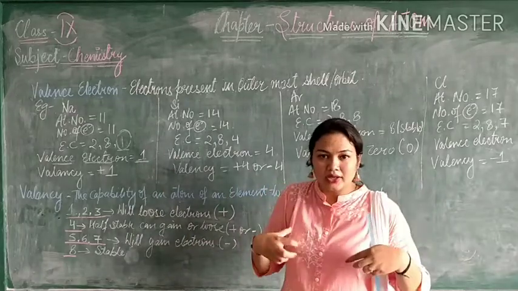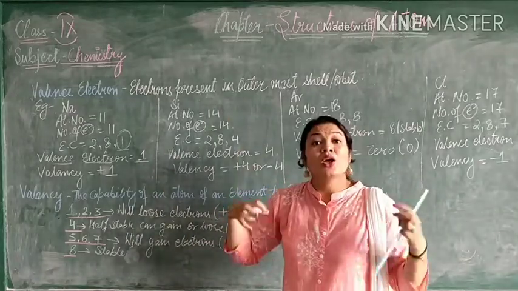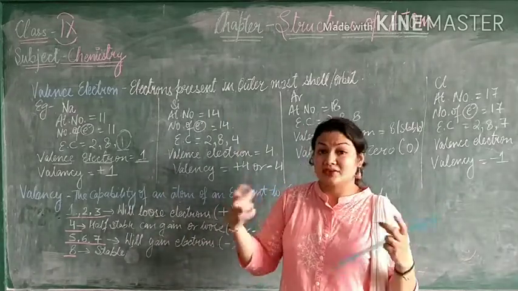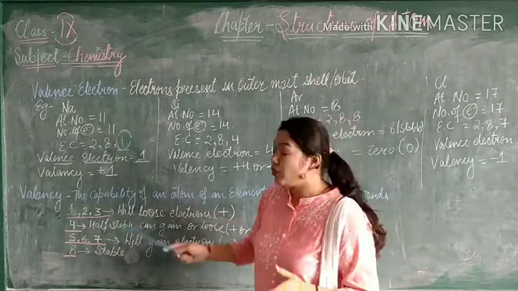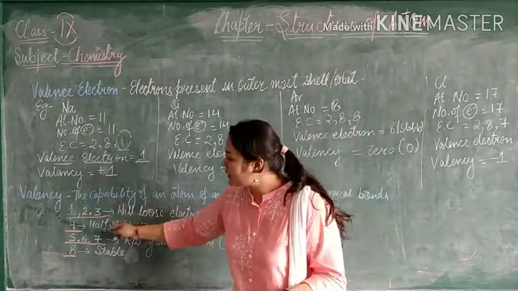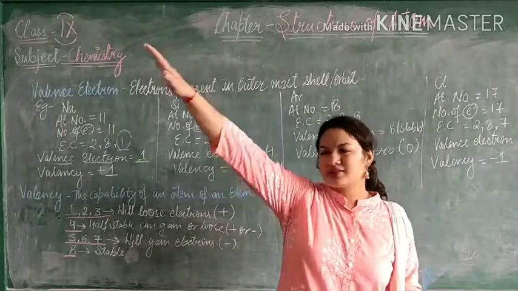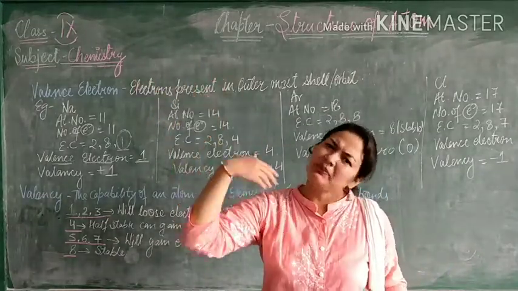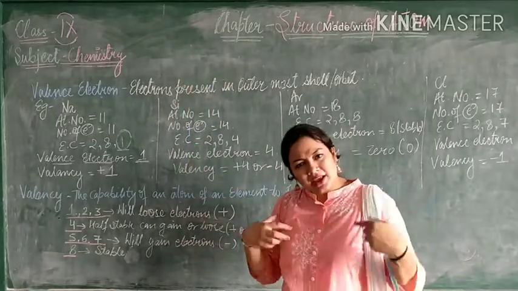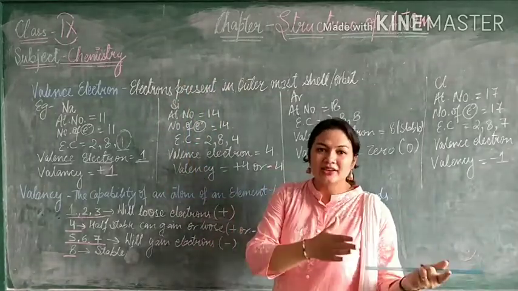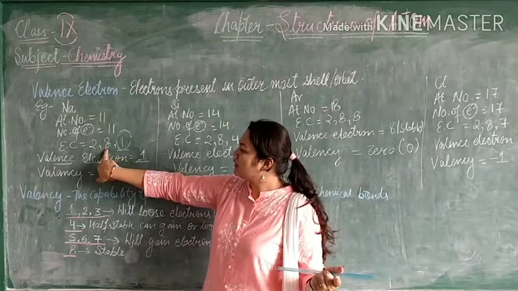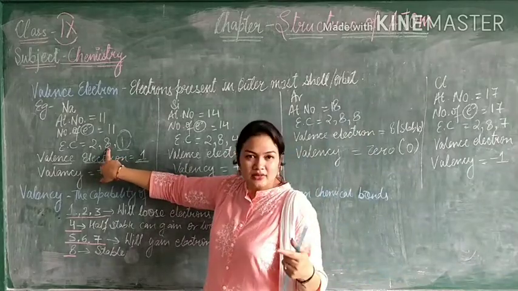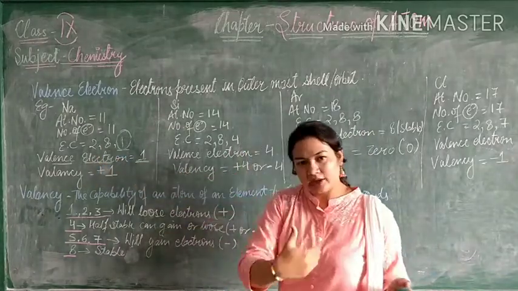To make itself 8, taking or sharing 7 electrons, meaning borrowing from someone, is very difficult. So what is easy for that atom? To lose 1 electron. It will see that somebody has 7 electrons in its outermost shell and say, please take 1 from me so that the second last shell will be 8. So it will give its one electron.